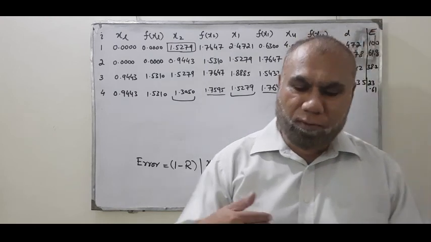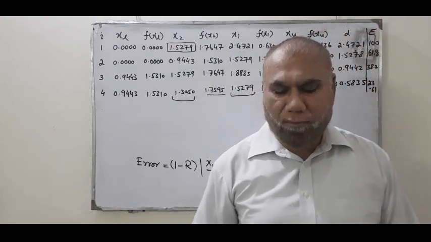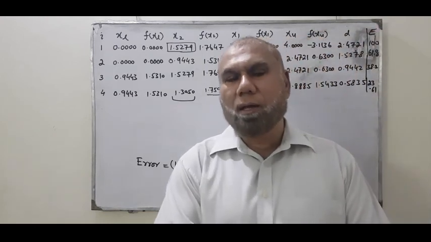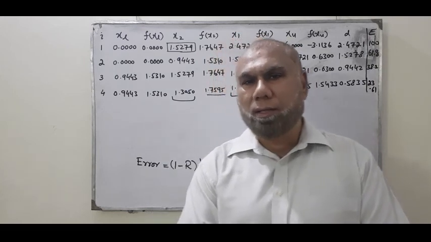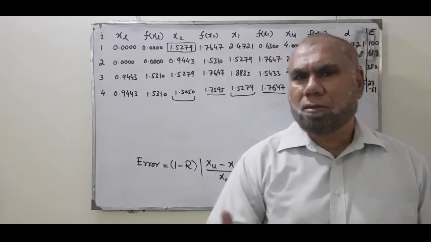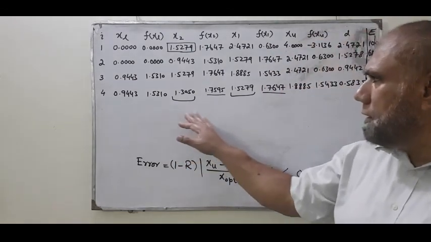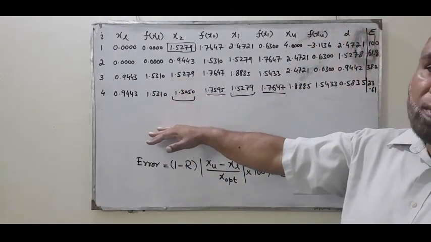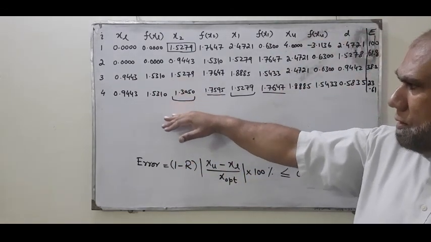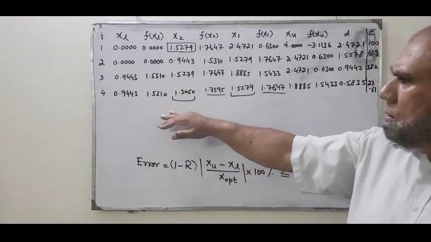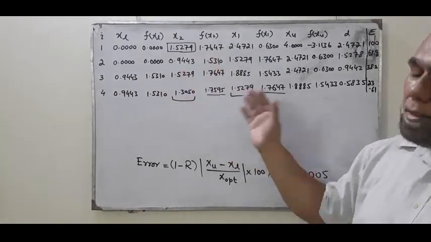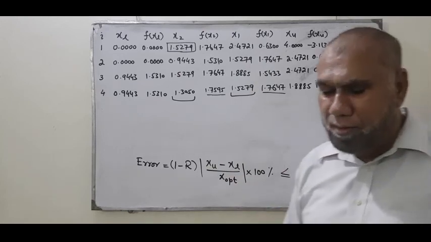So first of all, you have to decide up to which level of decimal places you have to calculate. We are making all these calculations up to 4 decimal places, just to ease our work and reduce the number of iterations. You will see within a few iterations, almost 10 or 15 iterations, you will be getting the same result very easily.